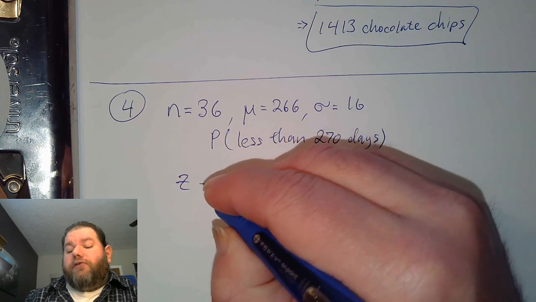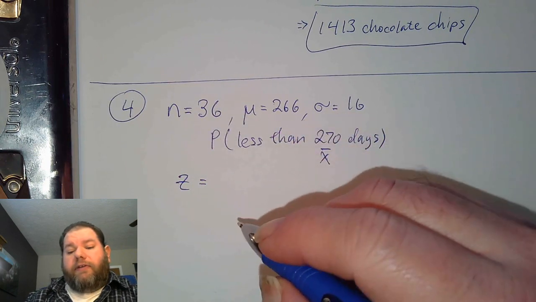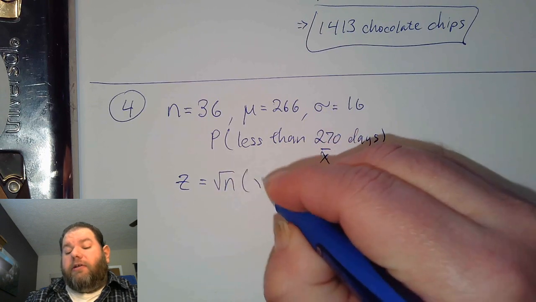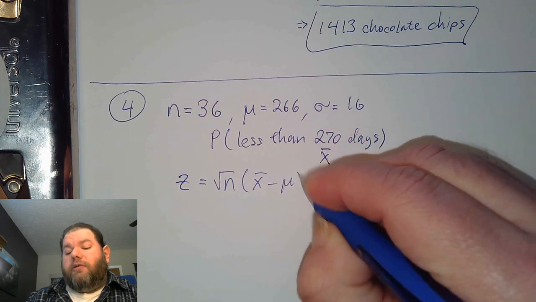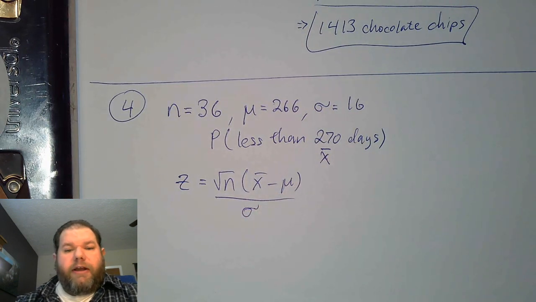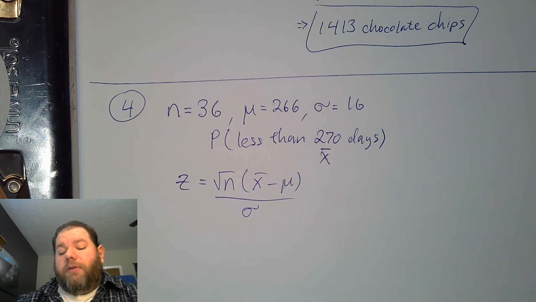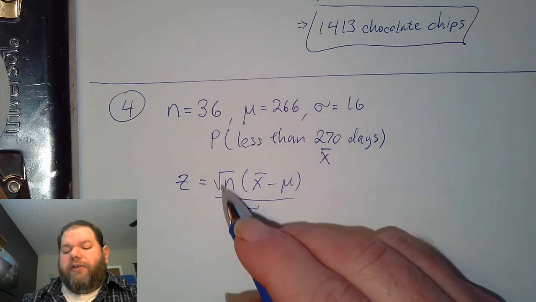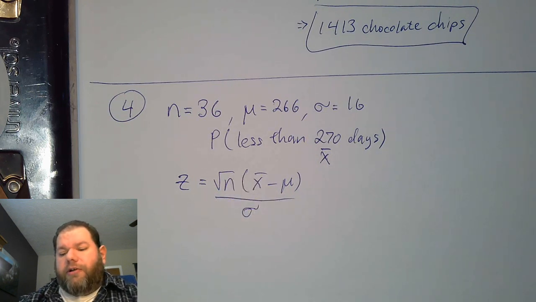Now our z-score formula, in this case, utilizes the sample size n. Technically, the sample size modifies specifically the standard deviation, but again, this is what I call the more user-friendly version of this formula, which brings the root n up to the numerator.